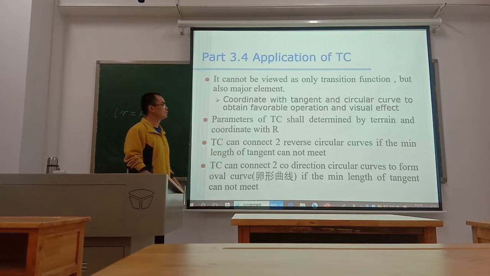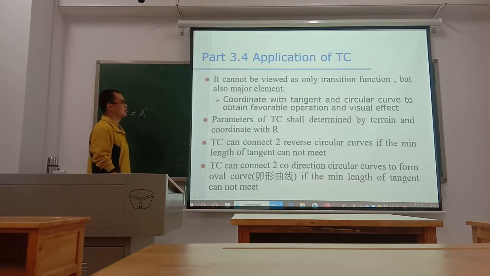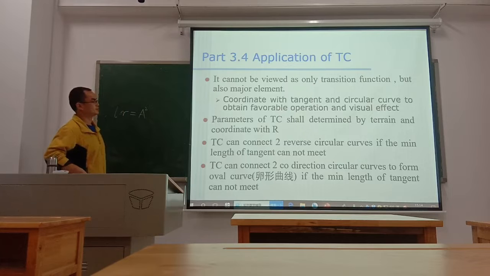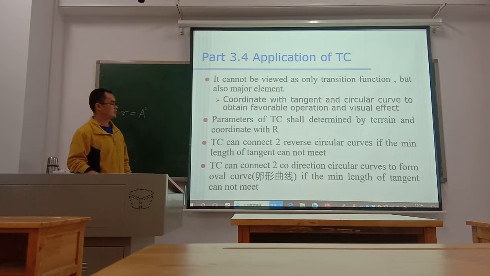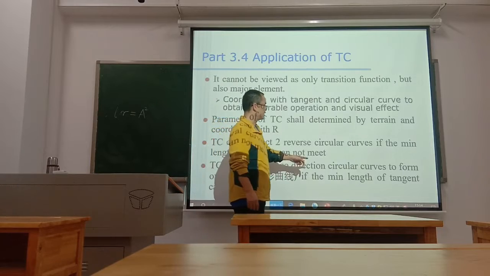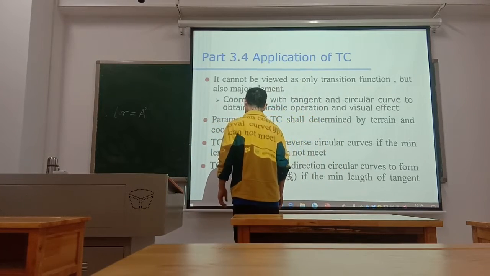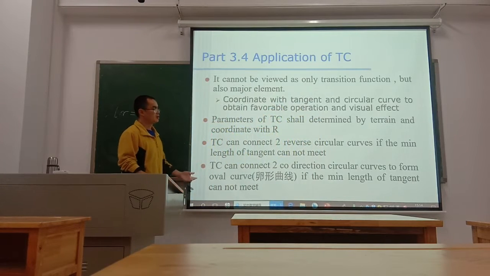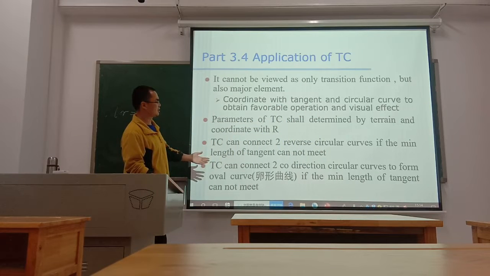A transition curve can connect two reverse circular curves if the minimum length of tangent cannot be met. A transition curve can connect two same-direction circular curves to form an oval, the shape of an egg, if the minimum length of tangent cannot be met. What is the meaning of the minimum length of tangent cannot be met?